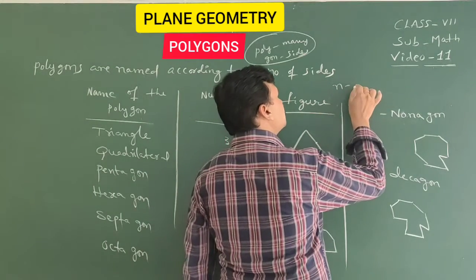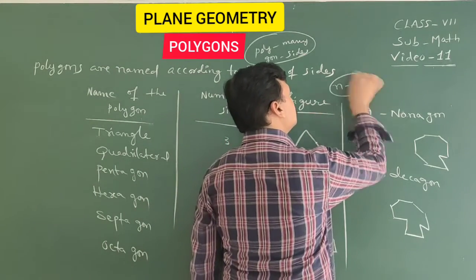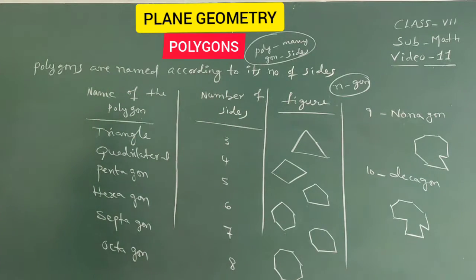You can name it an n-gon also. 11-sided, 12-sided, 13-sided polygons, some of them have names. Otherwise, we can also take 15-sided, 20-sided, 16-sided, 25-sided polygons. Okay, these are the names with respect to their number of sides.